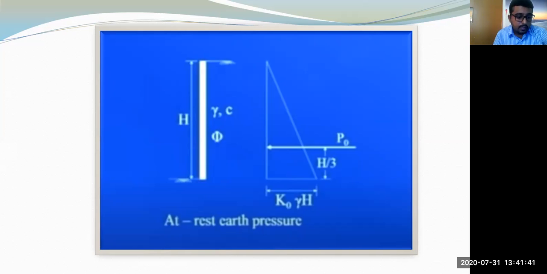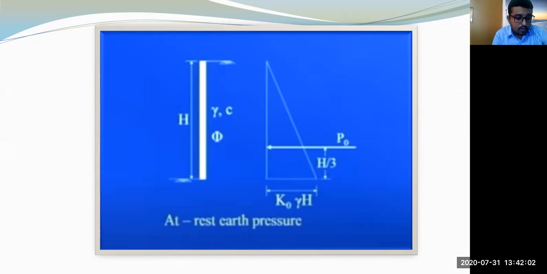So here at depth H, this is gamma H, and if you multiply it by K naught, this will be K naught into gamma H. The resultant of this triangular force is given in the diagram as P naught, which is the lateral earth force.